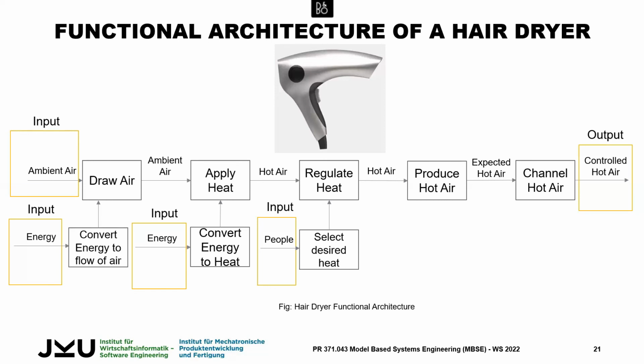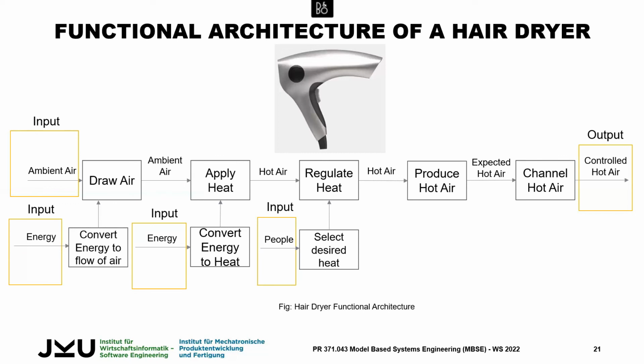So normally this is a manual hair dryer, and you need a user who is gonna select how much heat he needs. Okay. Then we are getting the hot air again, but this one is controlled. Regulated hot air, and this regulated hot air produces hot air, and then as the output we are getting expected hot air, and then we have to channel it.